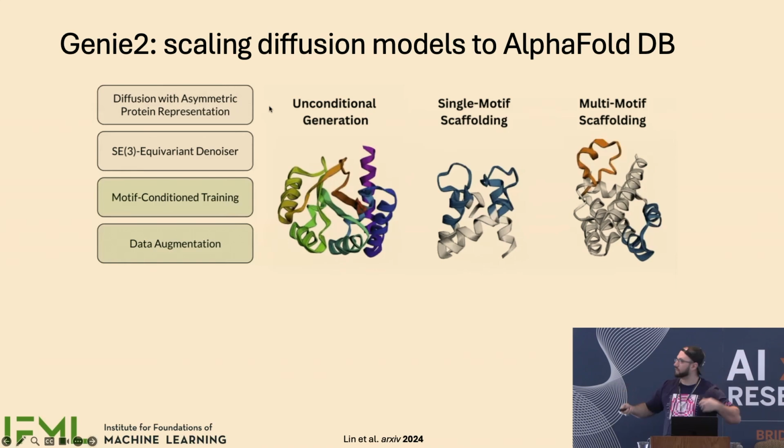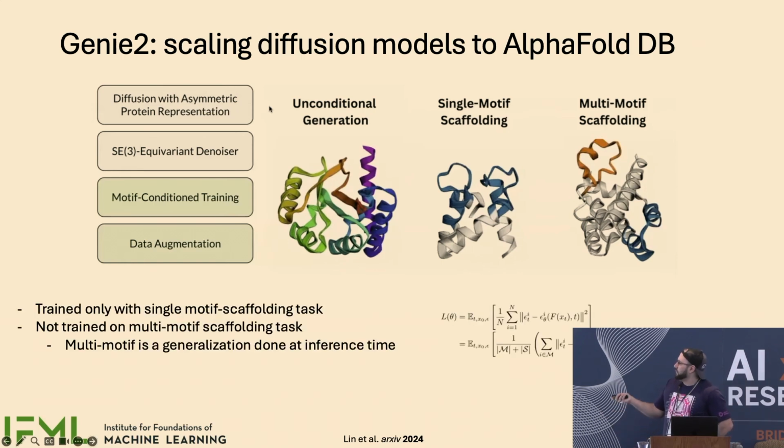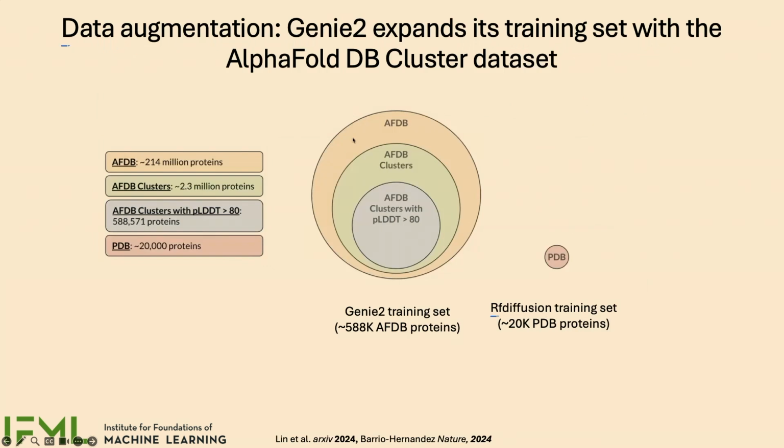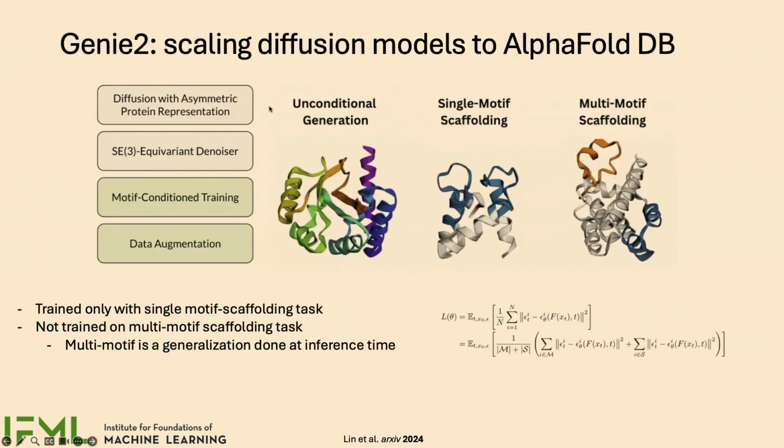Their big innovation on the ML side was, instead of just training with a regular loss to do unconditional generation, they break the loss down into how well you model the motif, which is what this M is on the left side of this equation, and how well you model the rest of the protein, which we refer to as the scaffold, on the right side of this equation. But they never train it to do these multi-motif tasks. This is just at inference time; the model just generalizes to it.